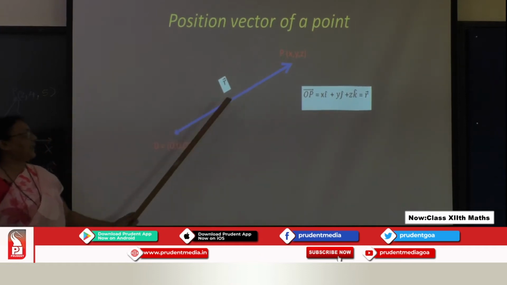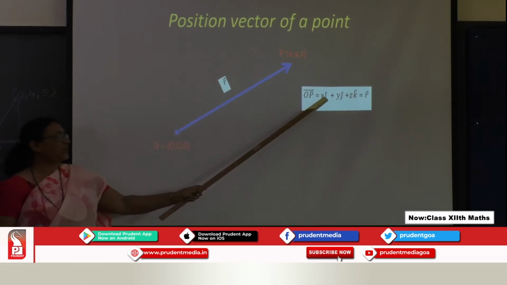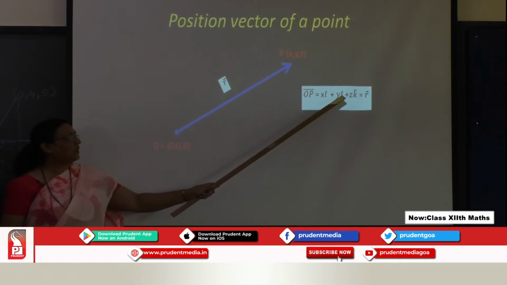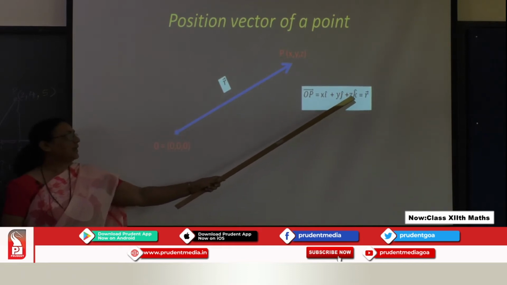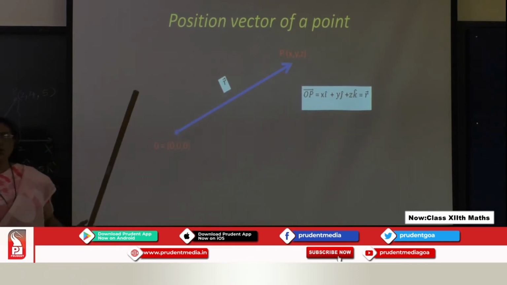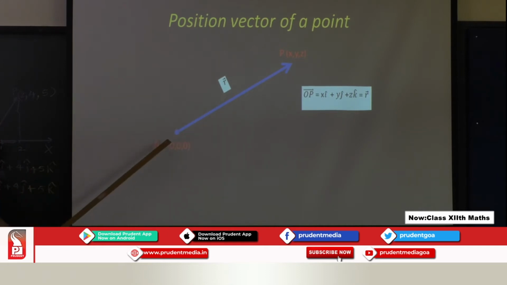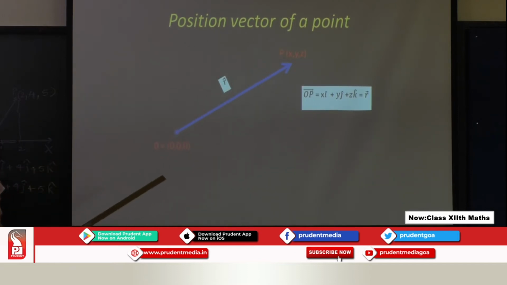Any vector in space can be denoted like this: the x coordinate of that vector times the unit vector, plus the y coordinate times its unit vector, plus the z coordinate times its unit vector. So, the position vector of a point is denoted by this when it starts from the origin to any point P in space.